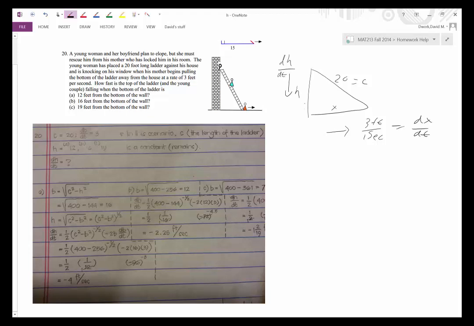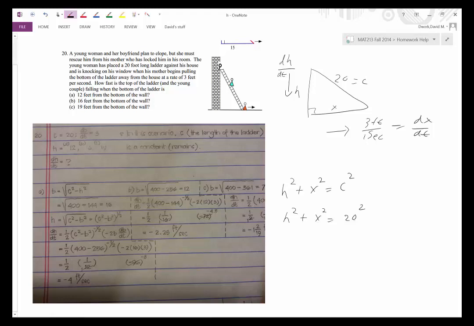So what I've got is a squared plus b squared equals c squared, the Pythagorean theorem. So we'll do h squared plus x squared equals c squared, but the good news is we know c is 20, and it's okay to fill in that variable with the number because it's a constant. The ladder is not changing its length as it falls down the wall. It's staying 20 feet the whole time.